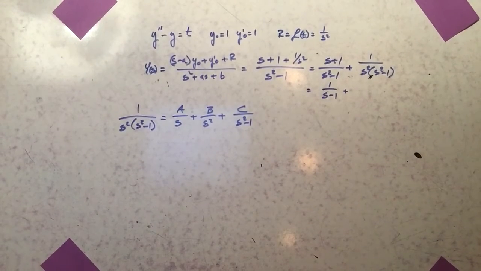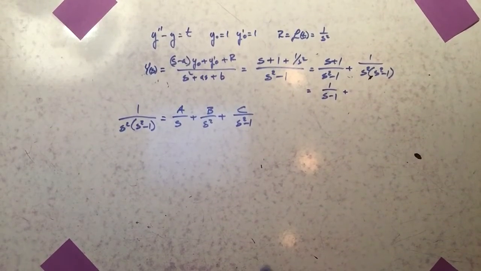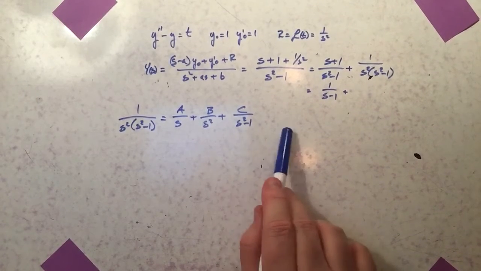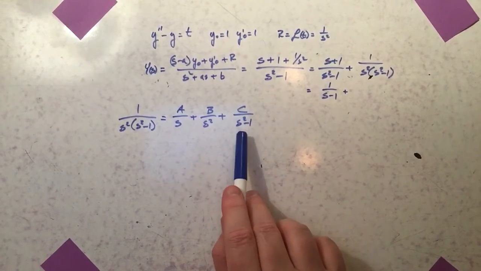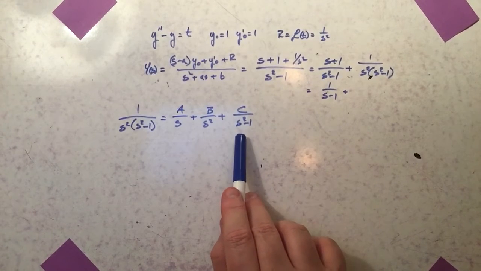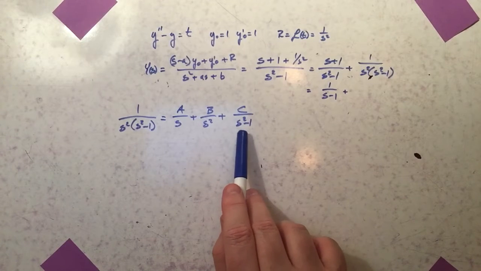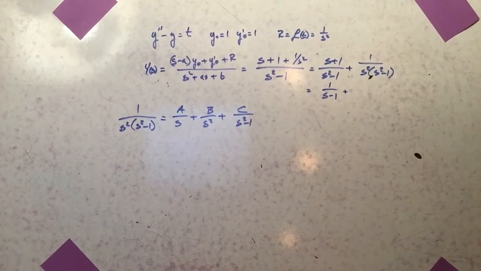Now, normally when I would do partial fraction decomposition, I would actually have a C and a D term because I would have s plus 1 and s minus 1 under C and D. But in this case, the s squared minus 1 as a denominator is just fine. There are several forms of Laplace transforms that have s squared plus or minus a squared, and so I'll be okay with this, all right?